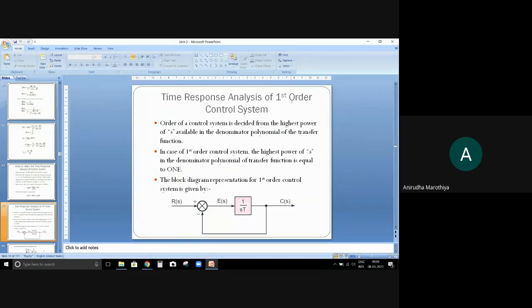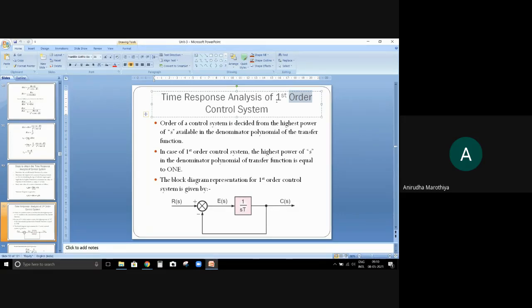So how to define order of a control system? Order means how many poles are available in that system. So the total number of poles of a control system indicates the order of that particular system. Now when I say that we have first order, that means there will be only one pole in that system. That's why the system is said to be first order.